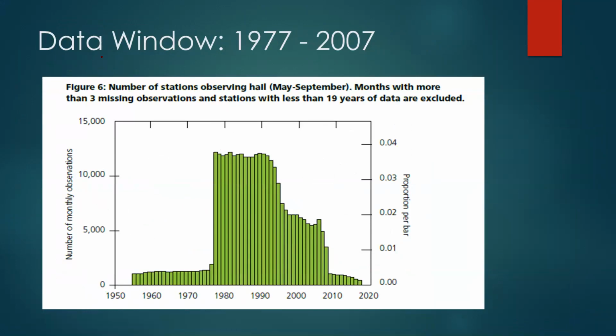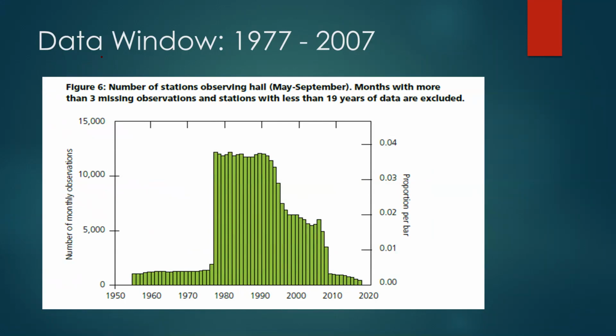So this is a plot showing the number of monthly observations for hail observing stations. What we found was that before about 1977, hail was not typically observed by very many Environment Canada weather stations. Then there was a change of policy in 1977 where a directive went out saying that observers will record hail observations, and then it was standardly being recorded at all the different weather stations in Canada.